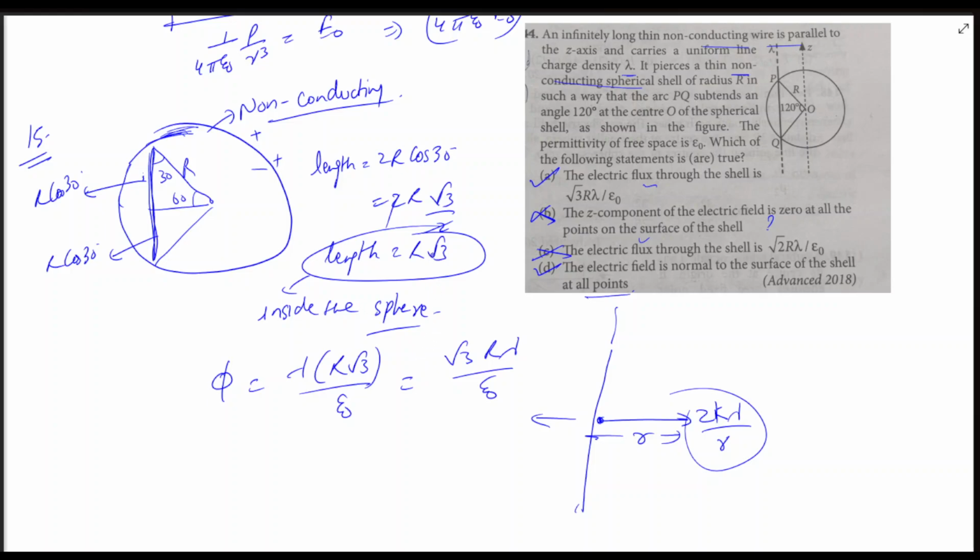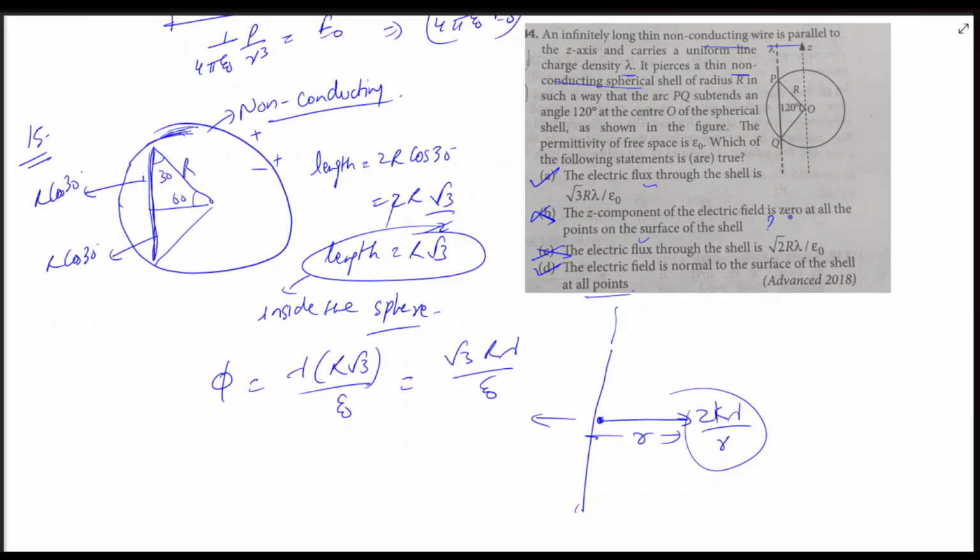Okay, so we will have options A and D correct. So A and, wait, it will be B that is correct.